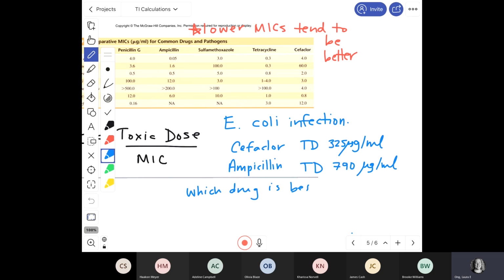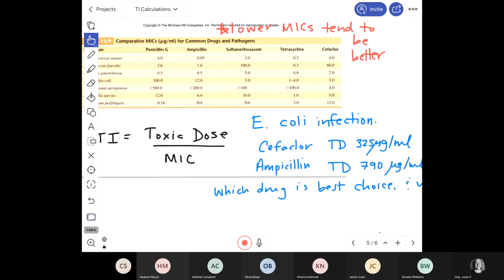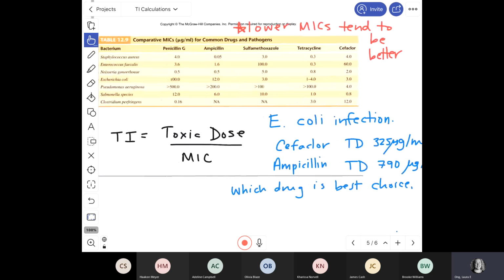Which drug is the best choice and why? So use your TI equation and the information in this chart and these toxic dose numbers for these drugs to come up with an answer for that.